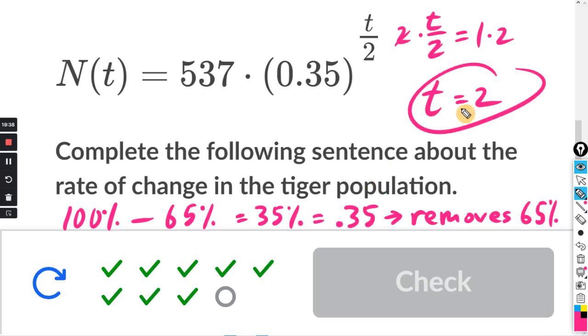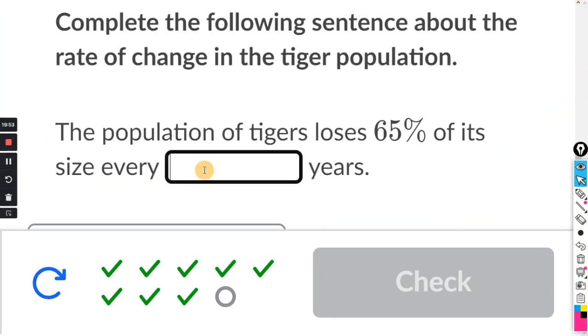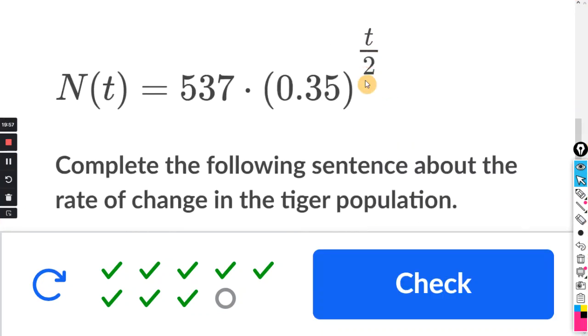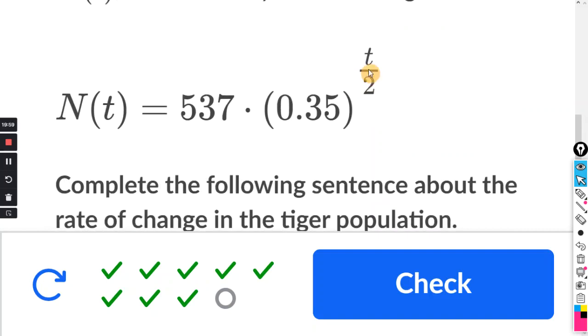So every time t increments by 2, the exponent increments by 1. This gets multiplied and it removes 65% each time. So it loses 65% every 2 years because the exponent is divided by 2. So that slows it down a little bit. Instead of every year, it's every 2 years.